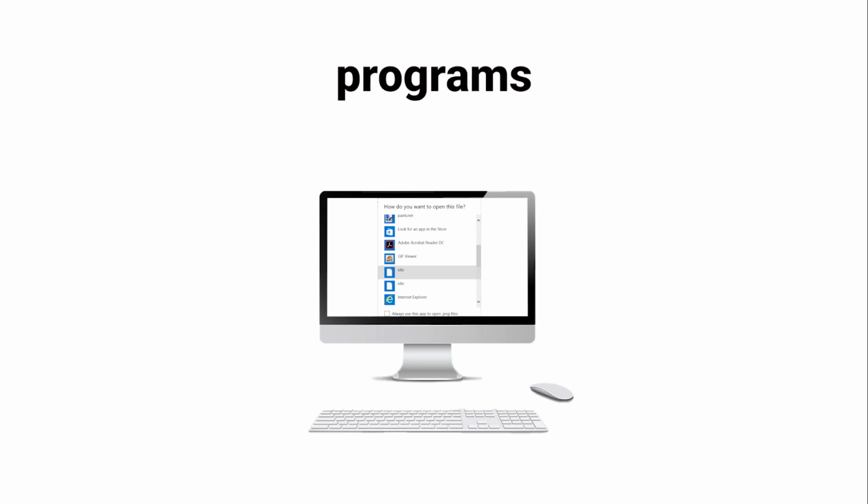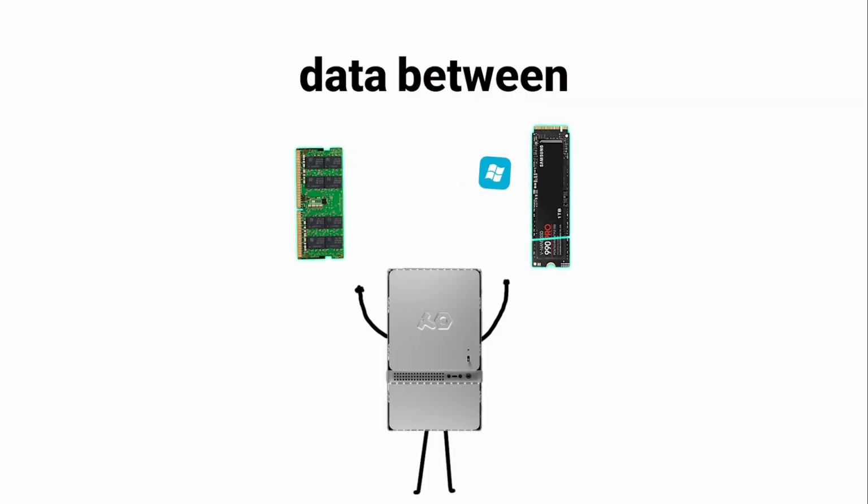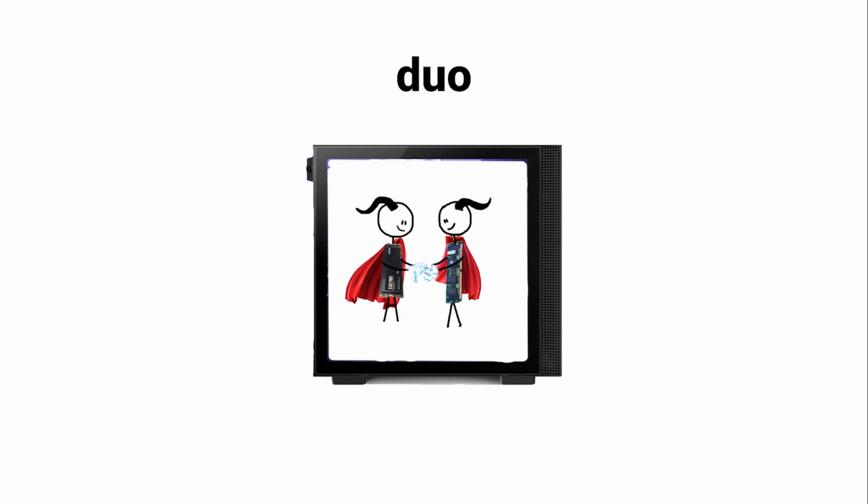As you open programs, edit documents, or browse the web, your computer seamlessly shuffles data between DRAM and the SSD, ensuring that you always have quick access to the information you need. It's like having a superhero duo working together behind the scenes to keep your digital life running smoothly.